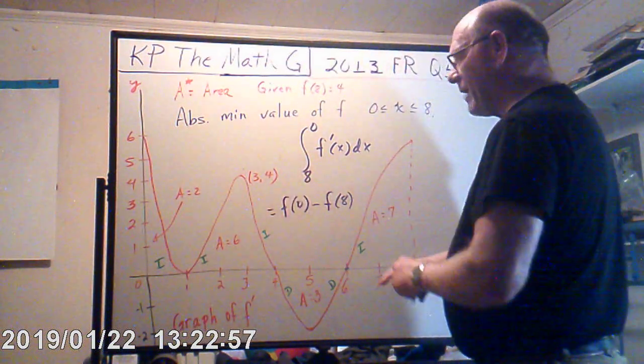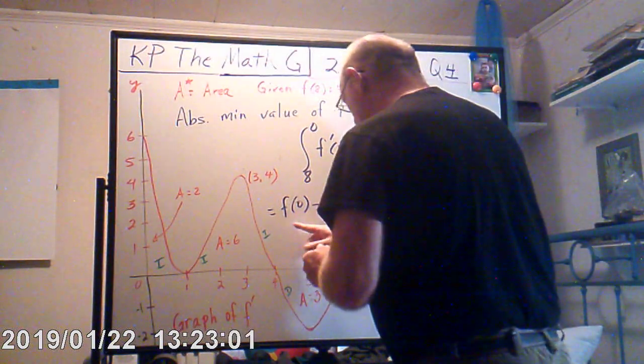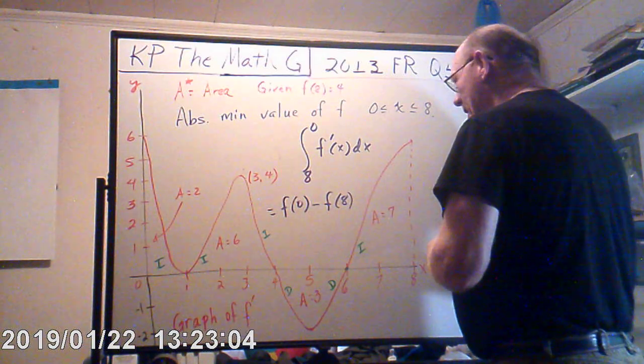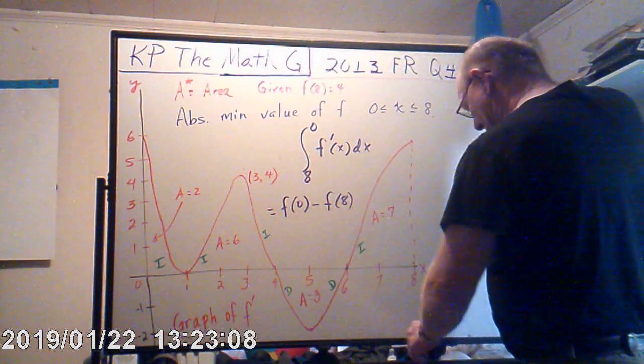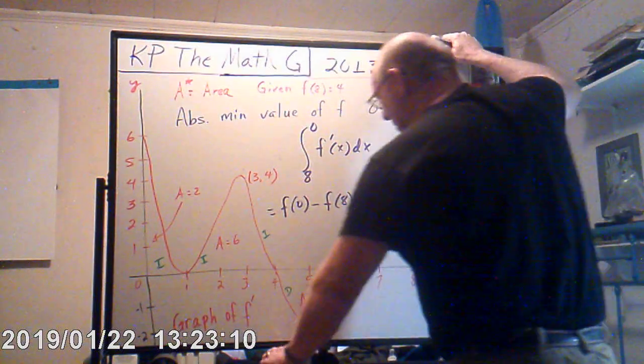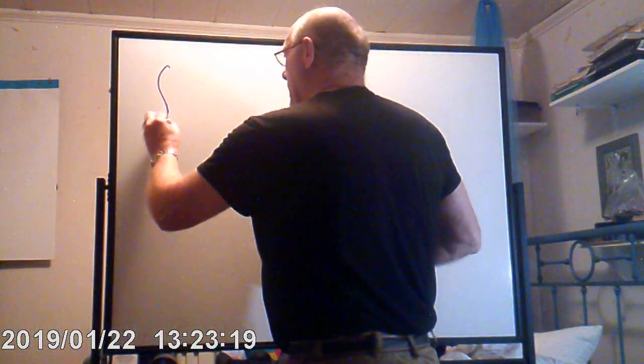Well, now I have to find F at 0. So since this is equal to this, then I simply want to solve for that. So let me turn over the board. I'm just not going to have enough room to do that. So I'm saying that we're looking at going backwards.